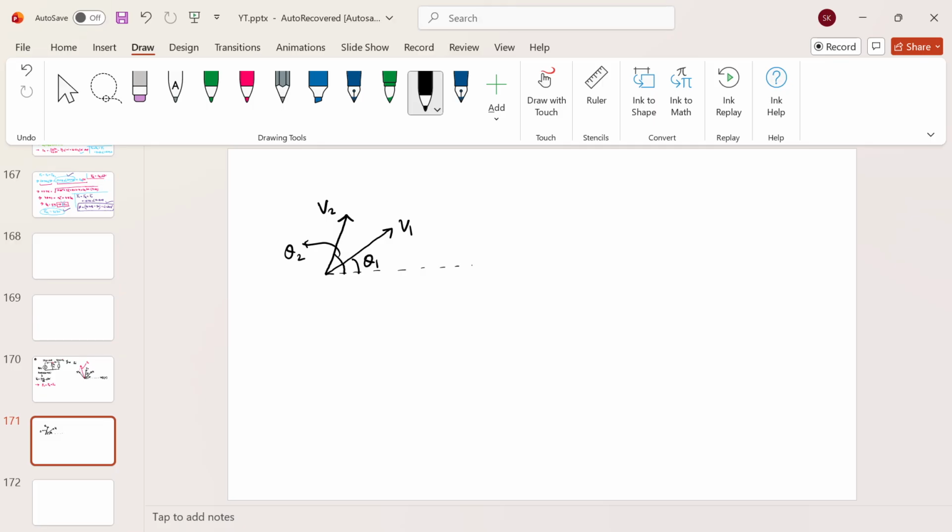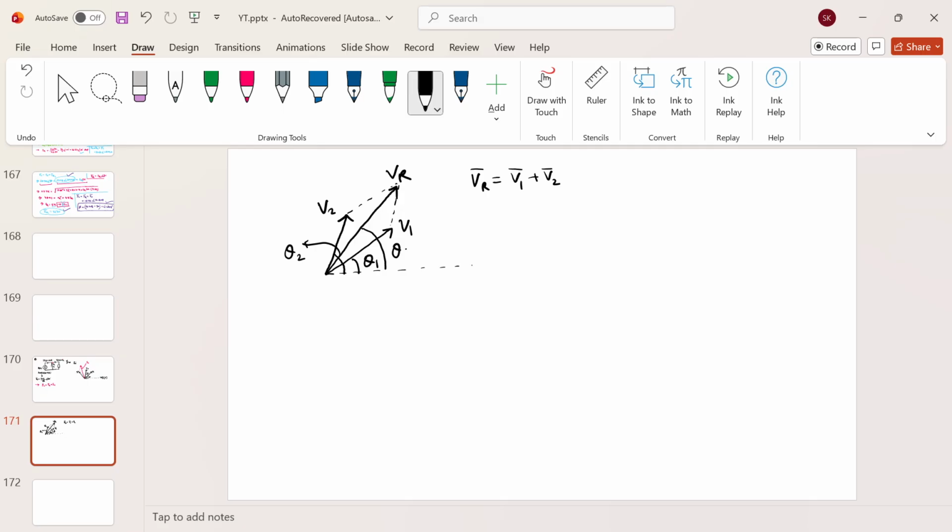I want to calculate the resultant magnitude. This is VR, and this angle is, let's say, theta. VR is the resultant, and VR is basically V1 plus V2, right?